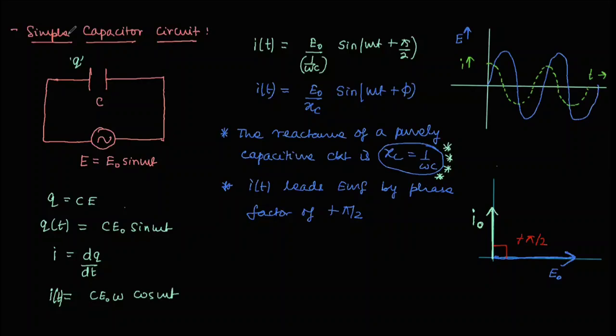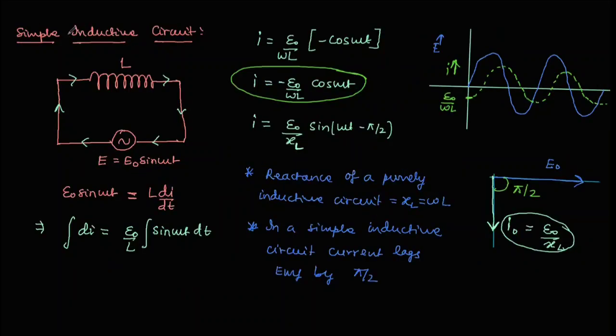And then we read a simple inductive circuit in which the current is lagging EMF by a phase factor of minus pi by 2, and the reactance of the purely inductive circuit is equal to omega L.